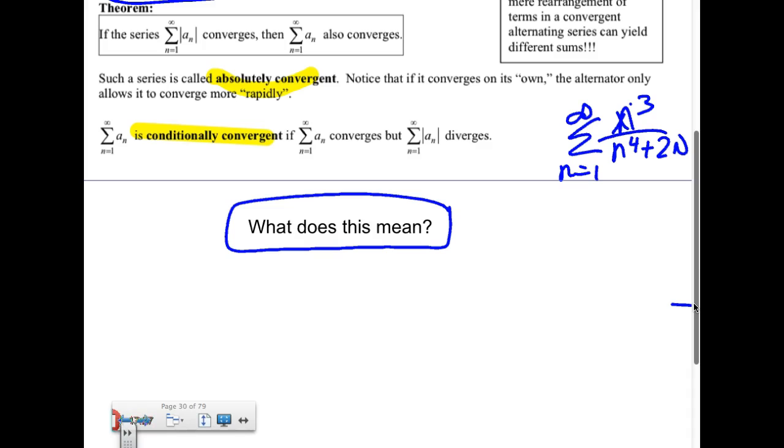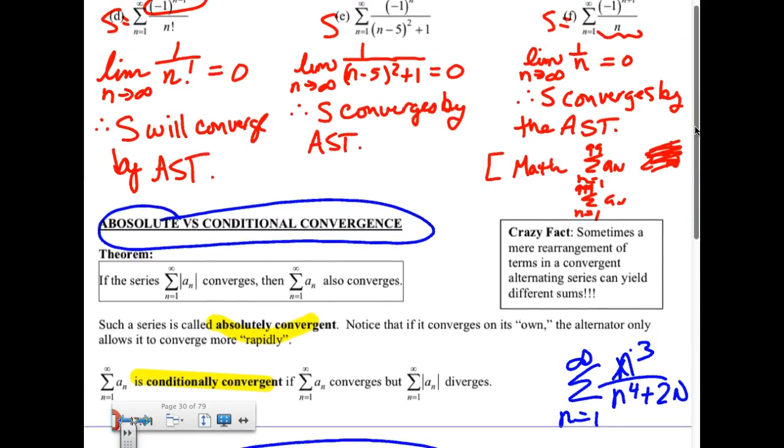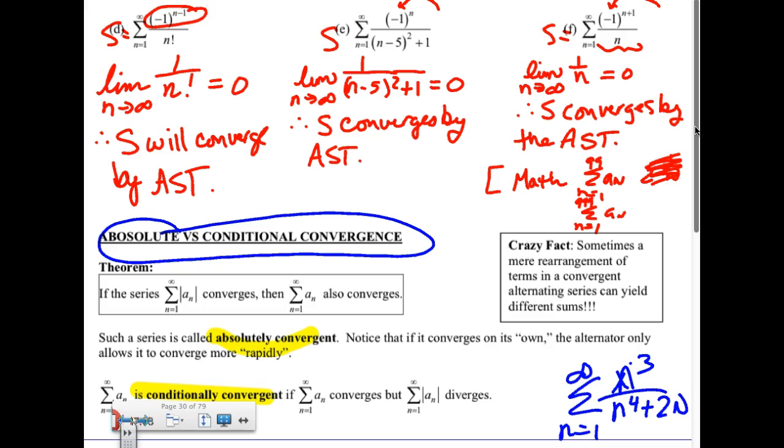So let's go take a look at letter F up here, one we already did, so I can explain it with that one. So you'll notice with letter F, when I removed the alternator, the limit as n approaches infinity of 1 over n went to 0. So I'd said that therefore the series converges by the alternating series test, meaning that putting that alternator in there caused a formerly divergent series to get to 0 fast enough to converge.